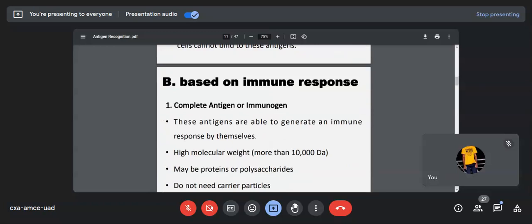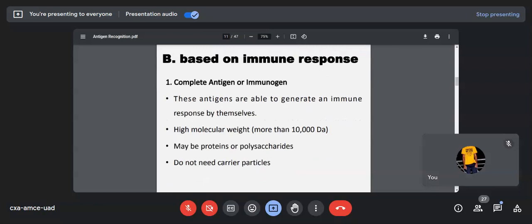A second type of classification of antigens is antigens based on the immune response. Does this antigen cause an immune response or doesn't it cause an immune response?